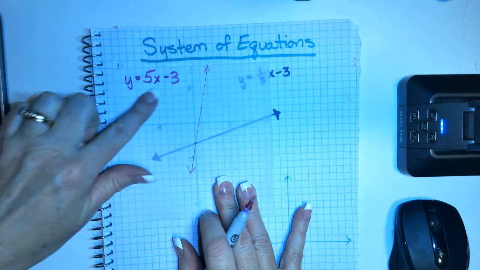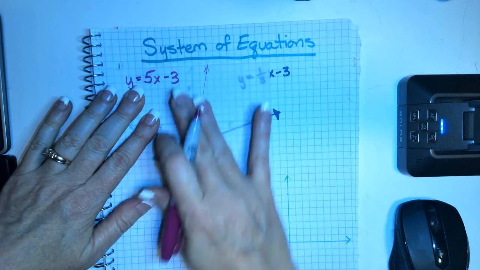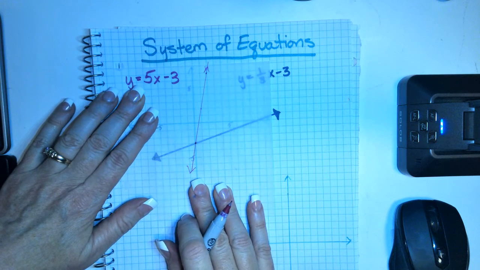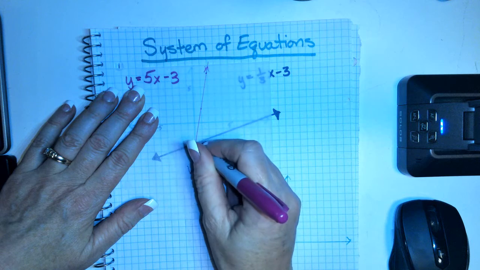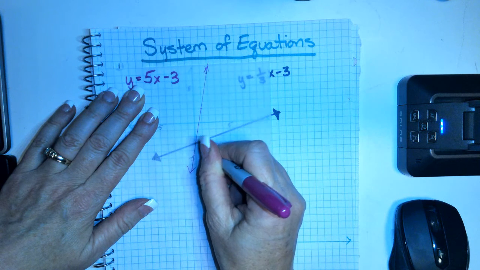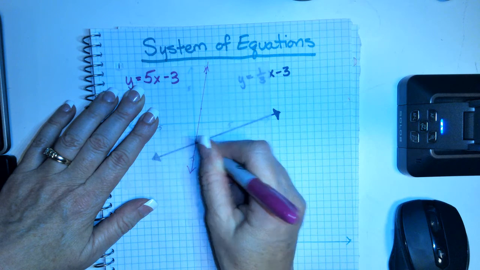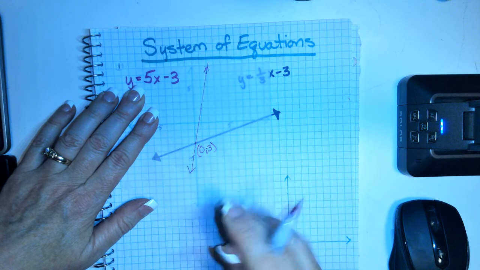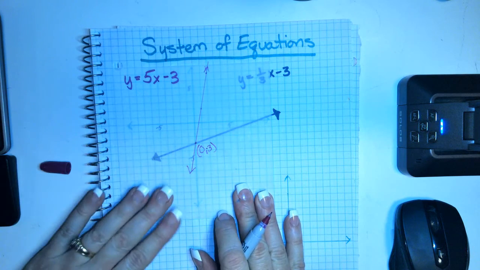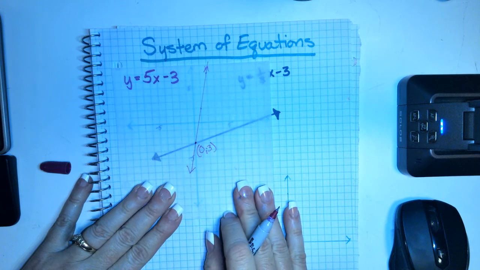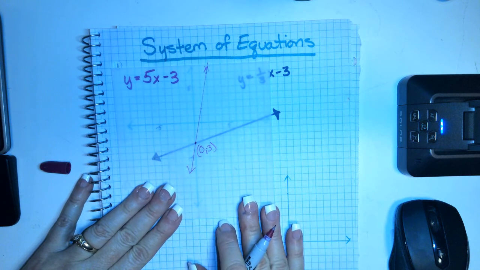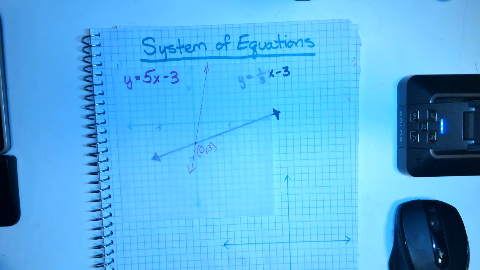Now I have my second equation, and I have graphed the second line, and it looks like the point of intersection is right here at 0, -3, sorry, 0, -3. You might have even seen that coming when I plotted here the little y-intercept at -3. So that's my point of intersection.